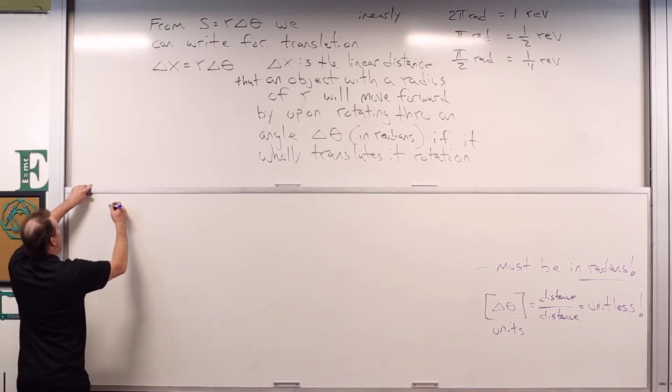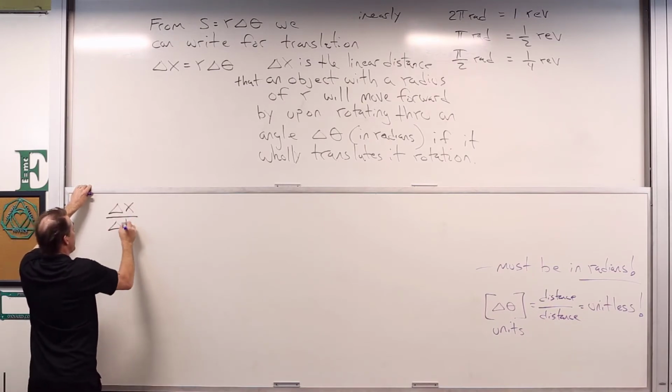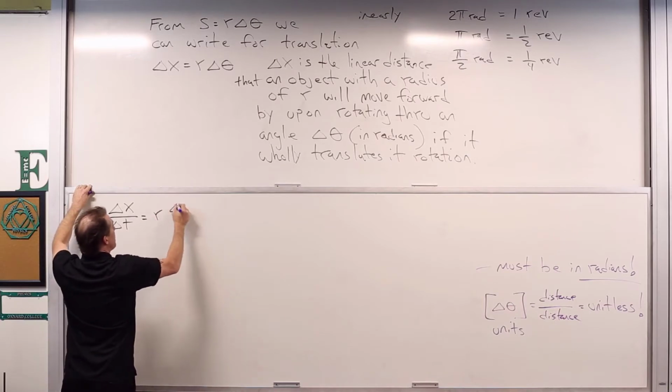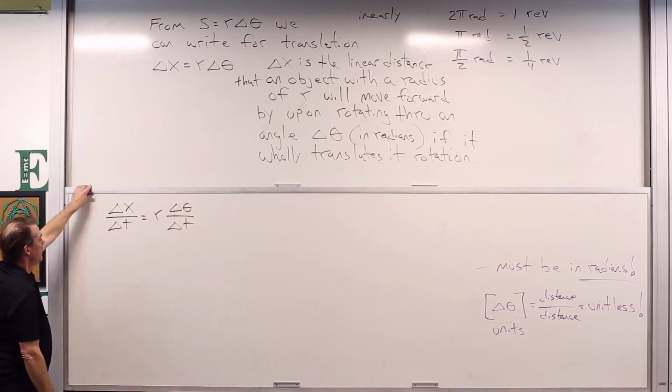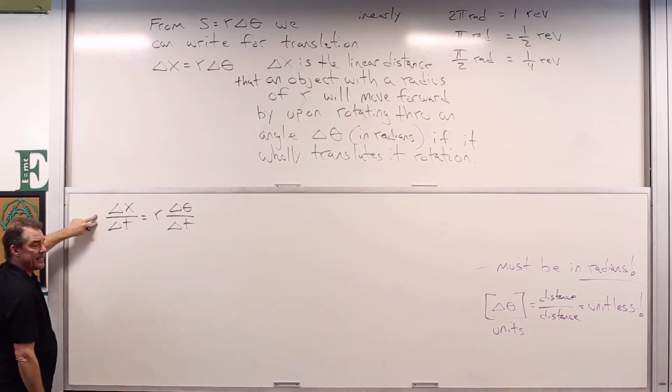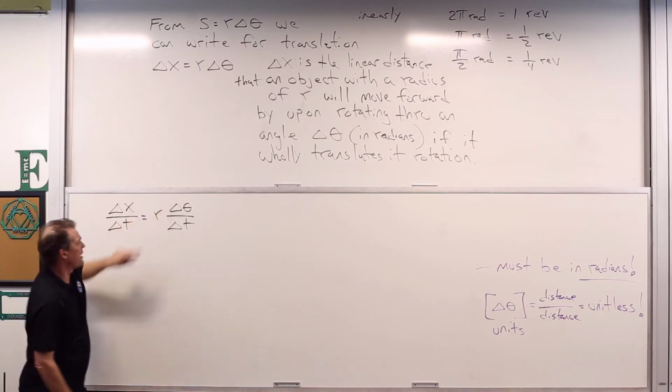Well, what happens if we divide both sides by delta t? Delta x divided by delta t is equal to r delta theta divided by delta t. What is this? That's average velocity, right? Delta x over delta t. What's this? That's average angular velocity.